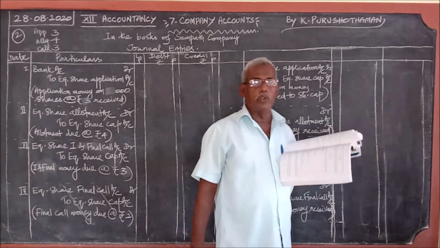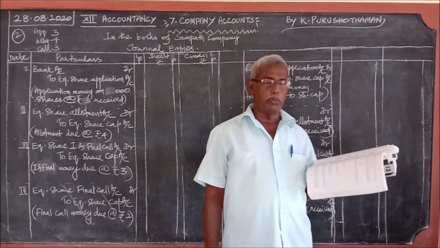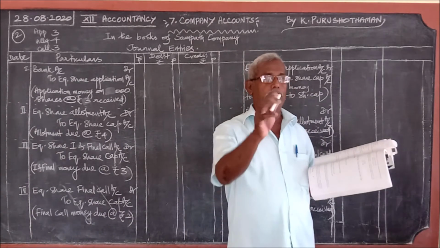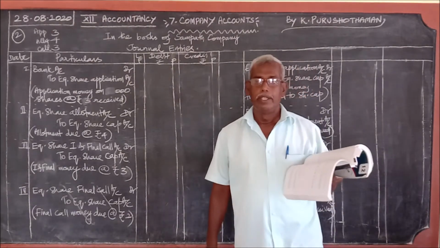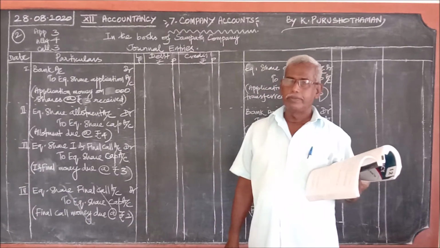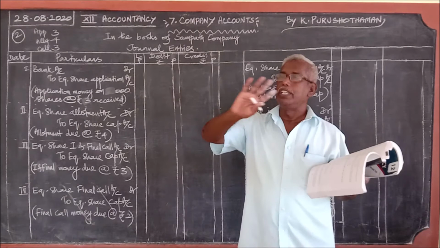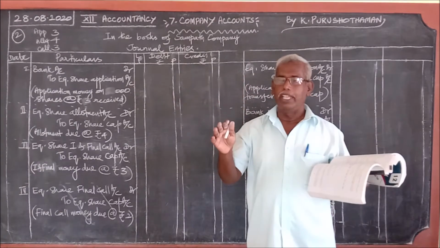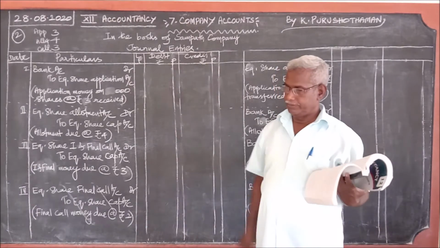Our question is, why has this problem been given, and why have I selected it? You should remember, in the first problem, 50,000 shares were issued, all the 50,000 shares were subscribed and money received.